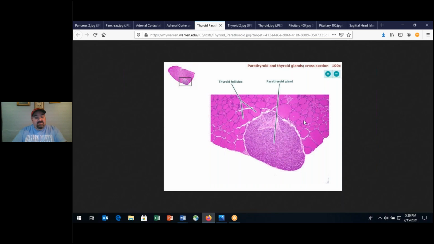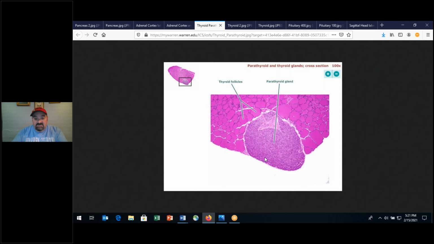Now, you'll see here that we have that very distinct thyroid tissue, and then we see this other tissue that's adjacent to it. Well, if we think of the thyroid gland, the other tissue that is adjacent to it would be the parathyroid gland, as I mentioned before. And so if we notice right away, hey, that's thyroid tissue, well then it's got to be parathyroid gland, okay?